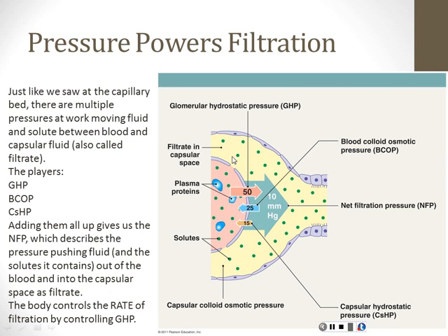All right. Not the only player in what's going on here. There is another force working in the opposite direction that we have heard before, but is the more complicated of the pressures to understand, and that's the blood colloid osmotic pressure. We talked about it when we talked about the capillary bed and how things move there. Well, here it's the same thing.